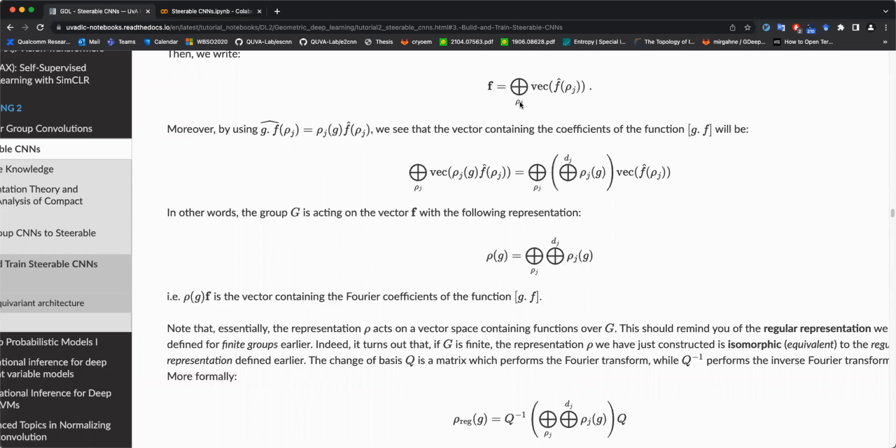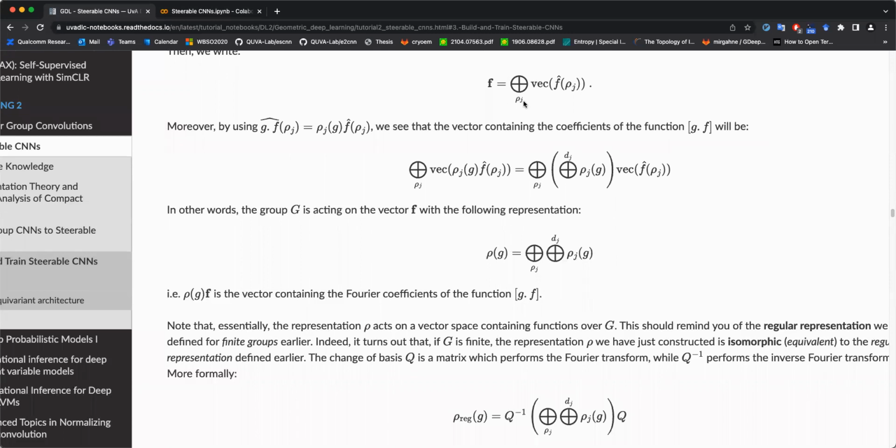So I think the intuition works in a nicer way when you look at finite groups, because you can imagine this is a for loop over a set of indexes, and that's the for loop you implemented before, essentially, and that builds a matrix. But mathematically speaking, this works for infinite groups, for compact groups only.